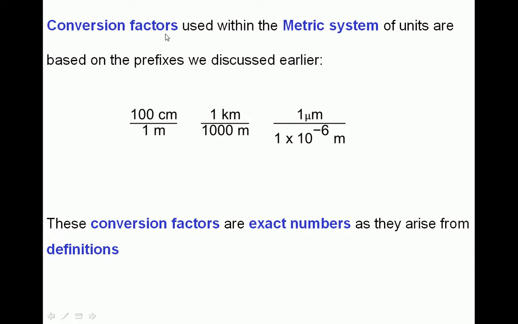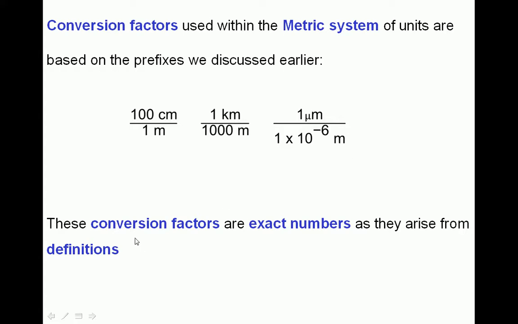Okay, so conversion factors used within the metric system of units are based on prefixes we discussed earlier. So these are the conversion factors that we're going to use to move between one measure in the metric system and another measure within the metric system. So we'll use things like 100 centimeters per 1 meter, 1 kilometer per 1,000 meters, 1 micrometer per 1 by 10 to the minus 6 meters.